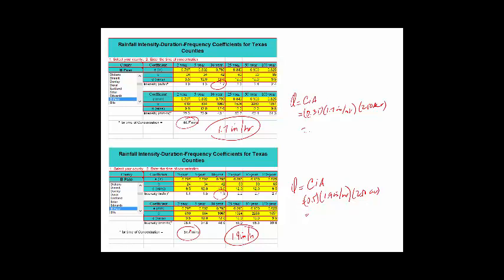So in this case, I have 0.35 times 1.7 times 250, 148.75 CFS, and then 0.5 times 1.9 times 250, 237.5.